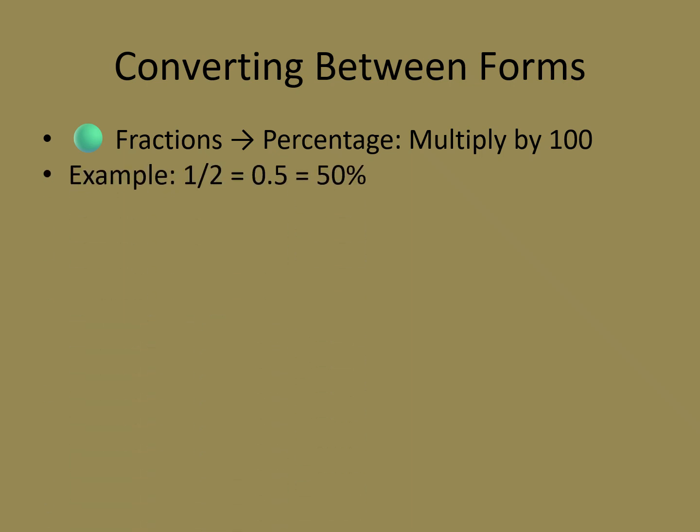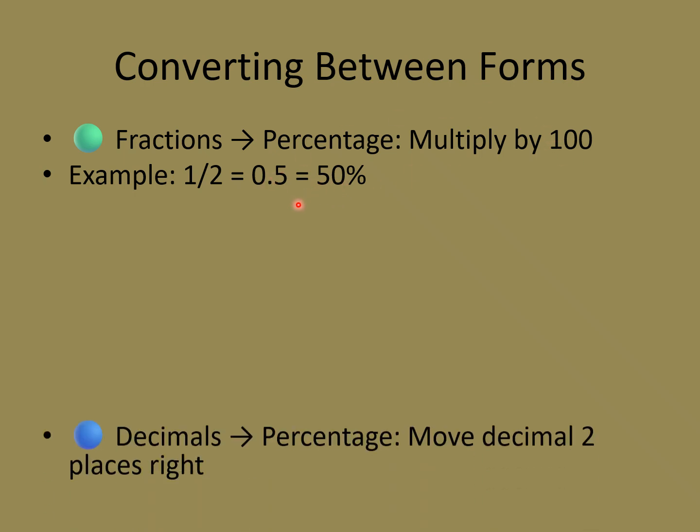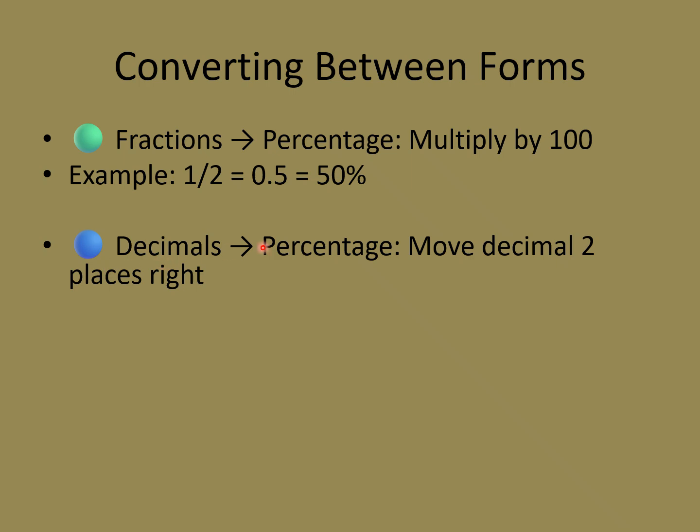For example, with 1 upon 2, when you simplify it you get 0.5, and then multiplying by 100 you get 50%.